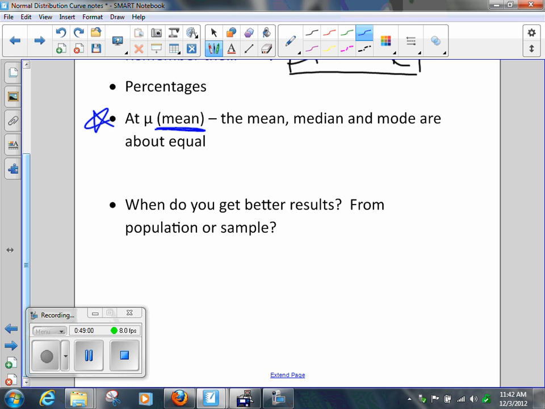And just out of curiosity, when do you think you get better results? Do you think you're going to get a better result on a survey if you survey 10 people or if you survey 110 people?